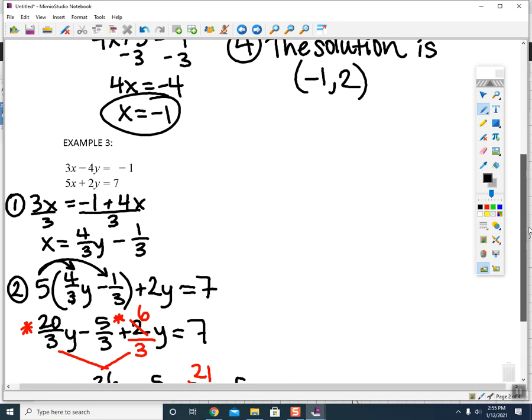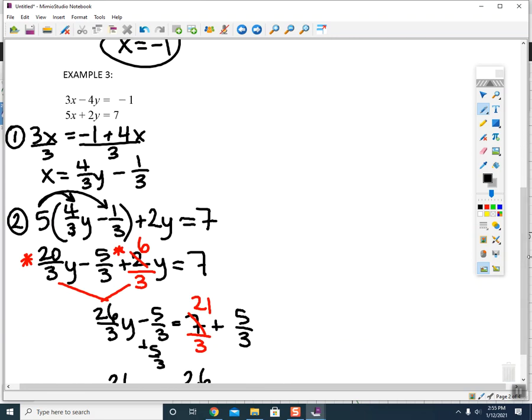Now I can take my y value and plug it in to figure out what x needs to equal. So let's go ahead, I don't know, let's do the top one. 3x minus 4 times 1 needs to equal -1. So 3x minus 4 equals -1.